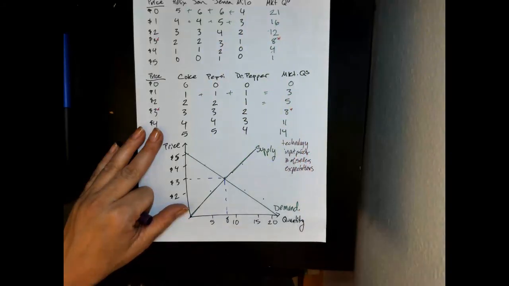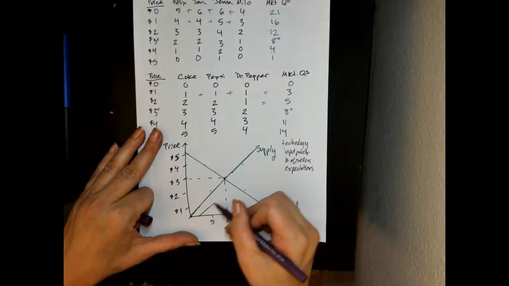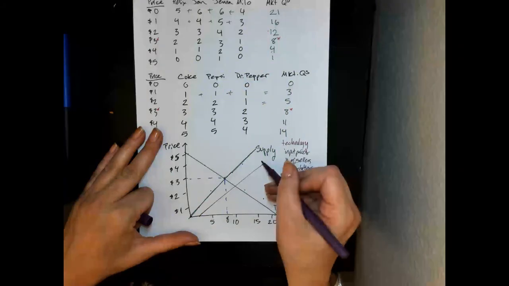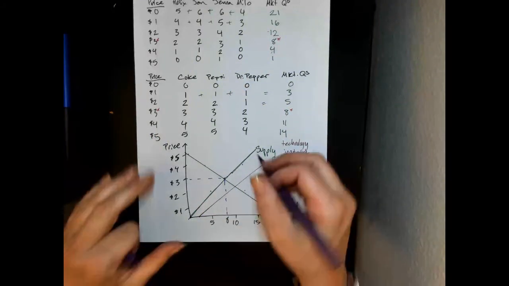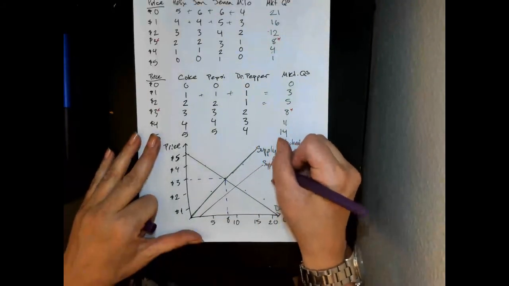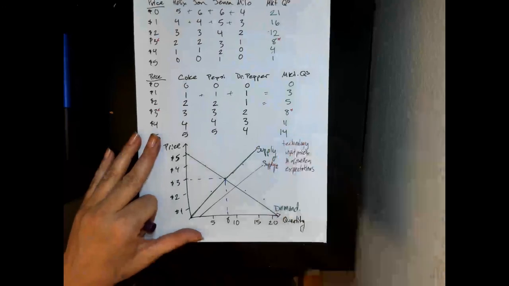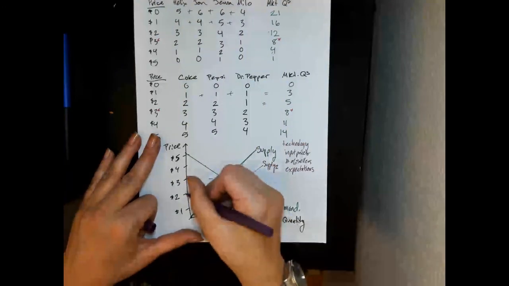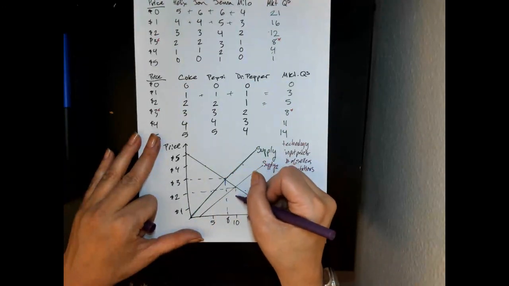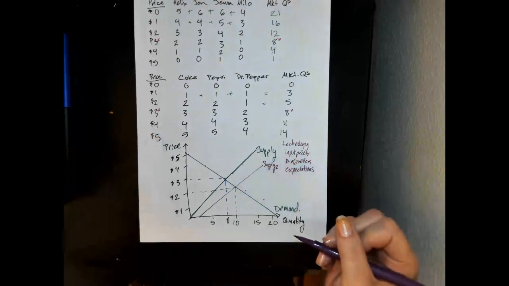We want to shift the supply curve out, not quite even, but out so that more is supplied at every price, which is going to mean that prices go down and quantity supplied goes up, or quantity demanded goes up.